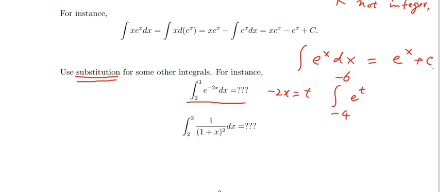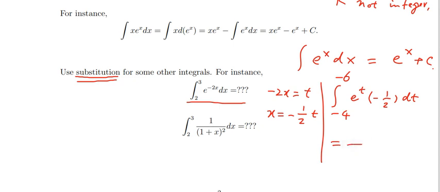And then we need to change dx. So what is dx? We change this: x equals negative half of t, right? Then dx equals negative half dt. So we put the coefficient, the negative half, outside. And for the lower bound and upper bound, usually we start from the smaller one to the bigger one.